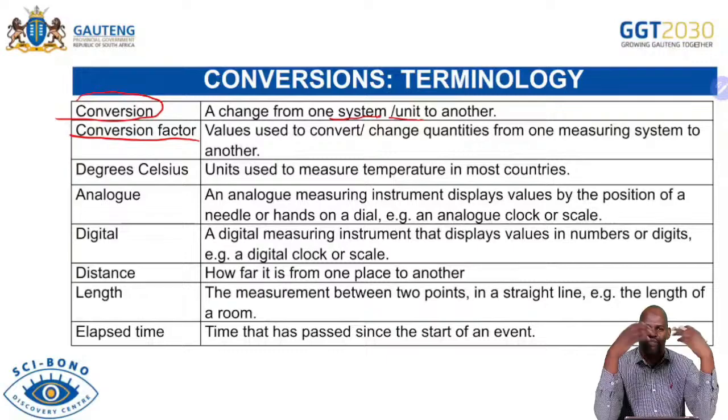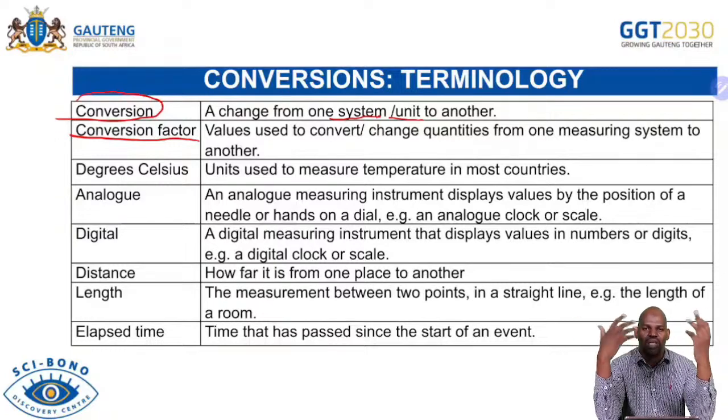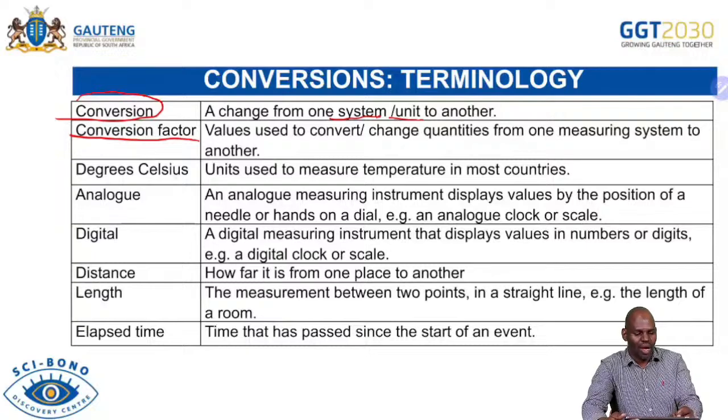If you know what the conversion factor looks like, you should be able to explain it using the words and the way you understand it. 2 words might not be enough, 3 words might not be enough, but maybe 4 or 5 words will be enough in your explanation.